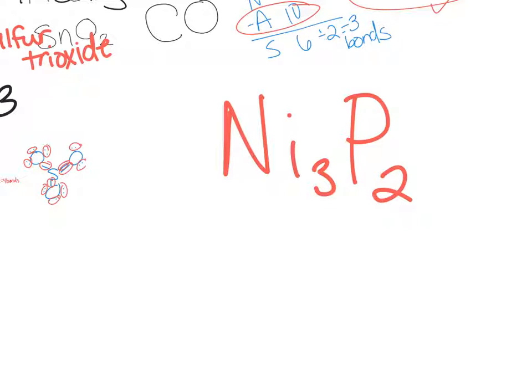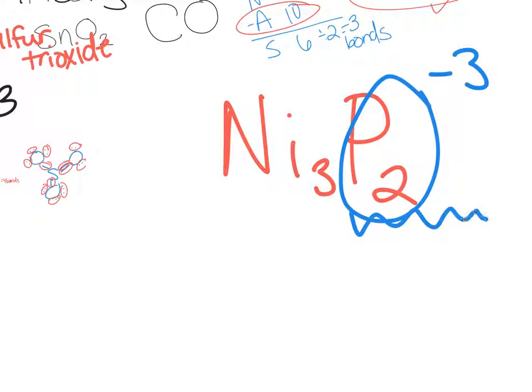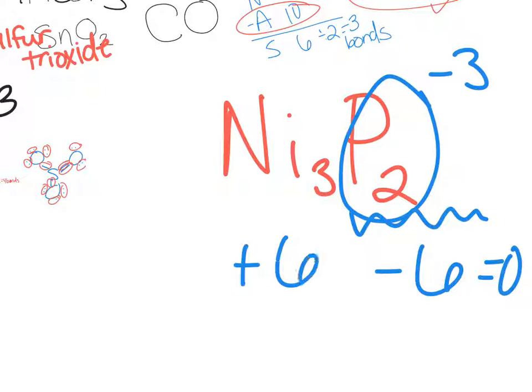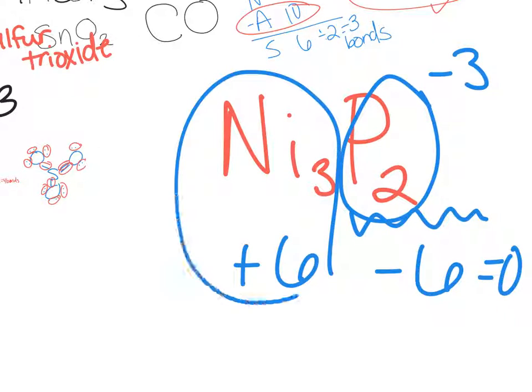Listen up. All right, so we take a look at our anion. Phosphorus has a what charge? Phosphorus has -3. How many of them are there? 2. So what's the overall? -6. What does it have to equal over here to be a 0? +6. So there's +6 divided by 3 things.